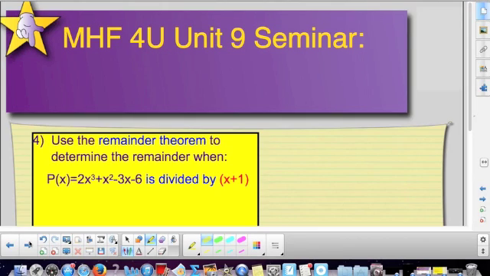Oh, actually, this is not a factor because it says to determine the remainder. Because there will be a remainder, x plus 1 is not a factor. But we can figure out what the remainder is going to be. If you're just simply figuring out the remainder, we don't have to go through the whole long division process, and you'll see why.